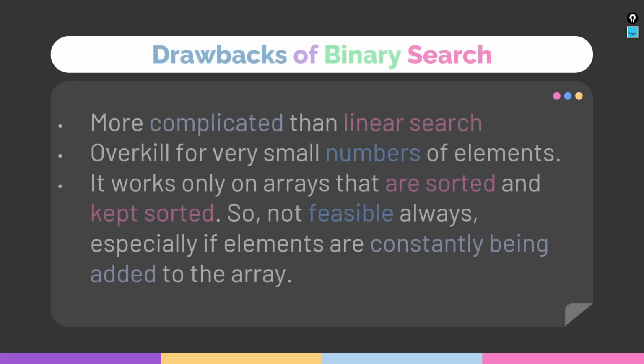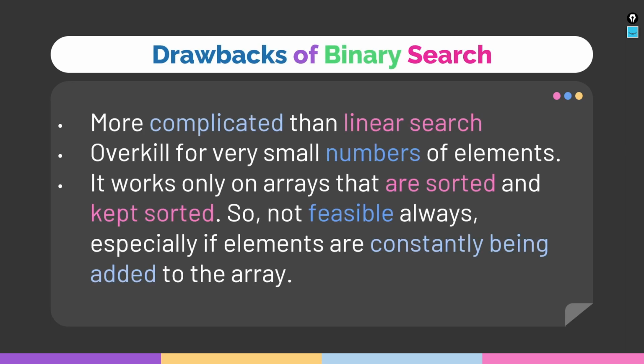However, there are some drawbacks of binary search. It is more complicated than linear search. As you can see, linear search is very simple and easy to use. Also, binary search is sometimes overkill for a small number of elements. For something like 2 or 3 elements, it's easier to use linear search.